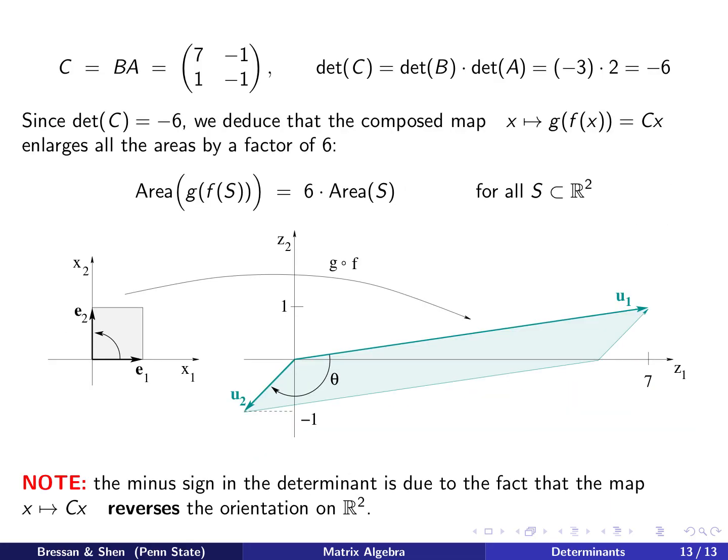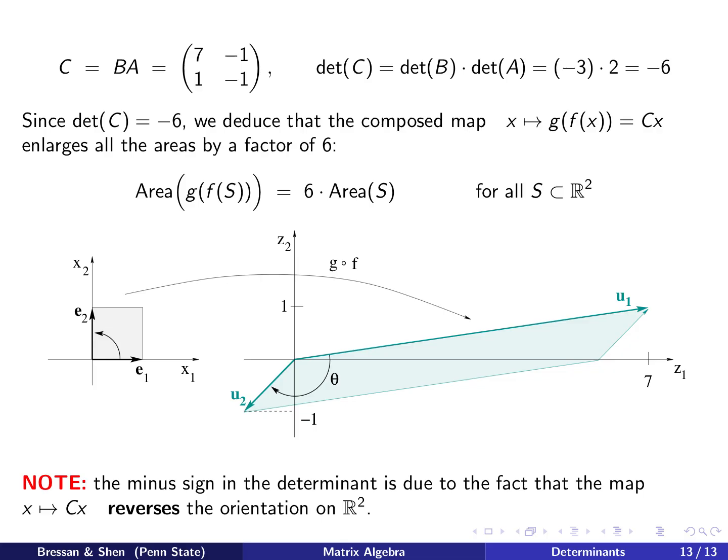Okay, so we can now compute the determinant for this matrix C, which is B times A, which is here. And you can compute it's 7 times 1 minus negative 1 times 1. You get negative 6, or you can also compute this as the determinant of C is the determinant of B times the determinant of A, which gives you the same number.